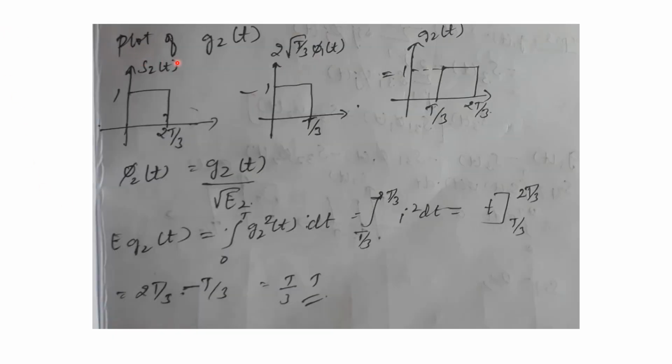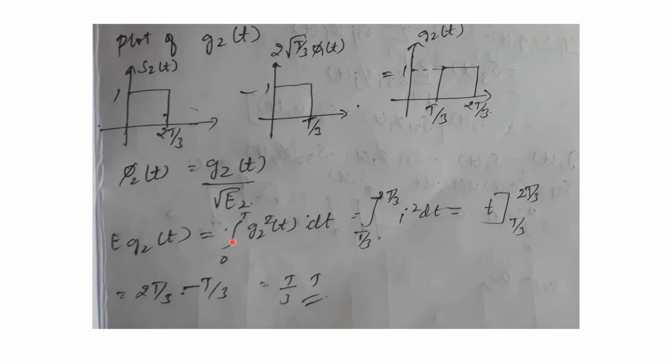We have to plot the graph of g2 of t. We got 1 from T by 3 to 2T by 3. Here we have plotted the graph of g2 of t. Then we have to find phi2 of t. Phi2 of t is equal to g2 of t divided by square root of E2.